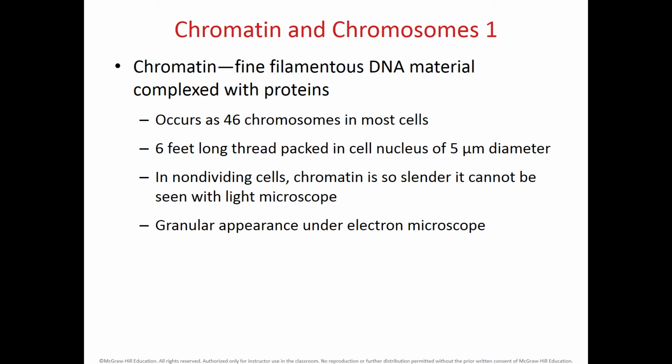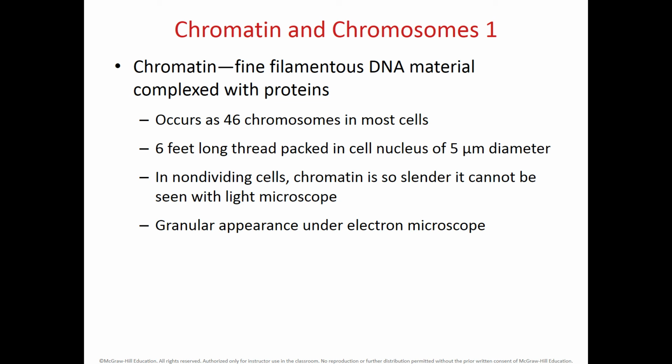Now, the DNA is also known as chromatin, and chromatin is a fine filamentous DNA material that is packaged with proteins. We have this DNA found in 46 chromosomes in most of the cells, with the exception of sex cells, in which we only have 23 chromosomes.